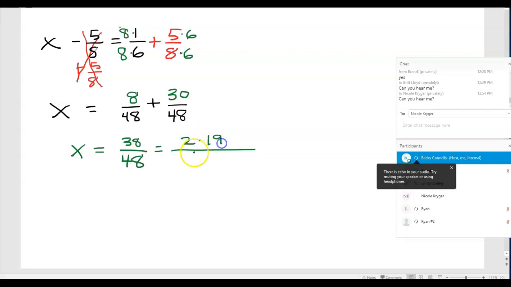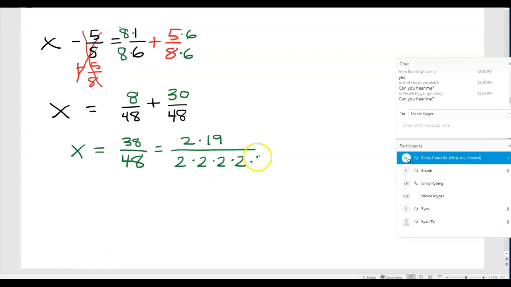Let's see, it's 48. Yep. So 19 over 24. Okay, awesome.